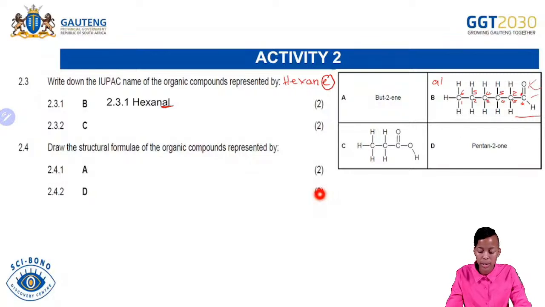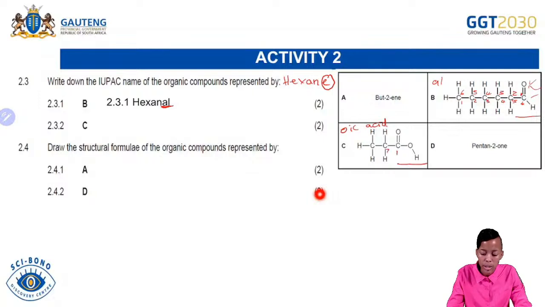IUPAC name again. We have identified the homologous series is what? Carboxylic acid. Why? C double bond O and the OH. Okay, so from there we talk about what? The name ending. Name ending for carboxylic acid is what? Oic what? Acid. Next, how many carbons?